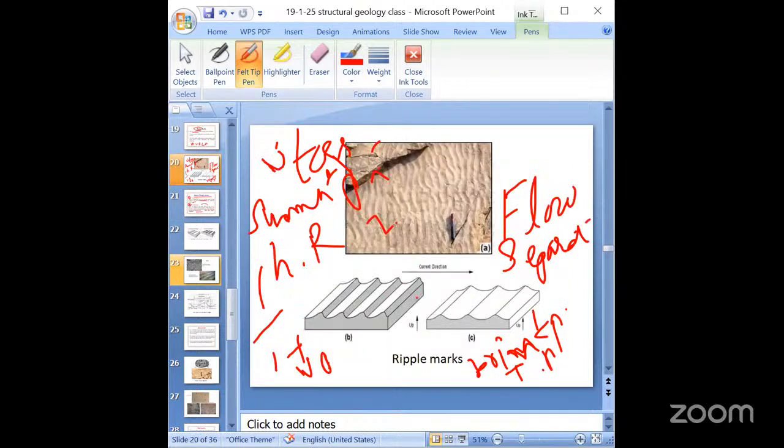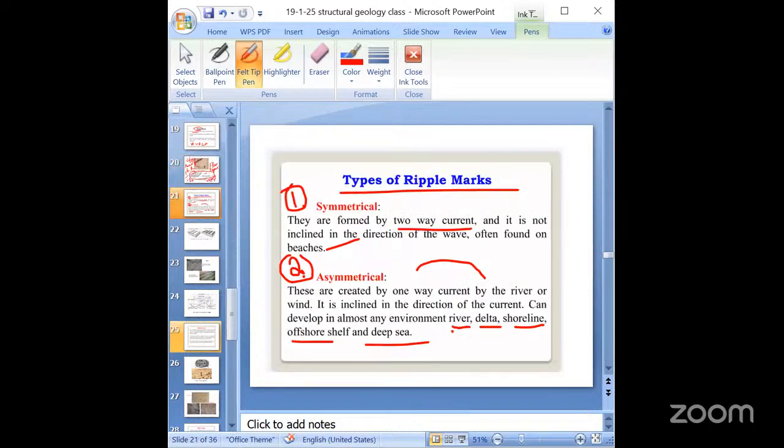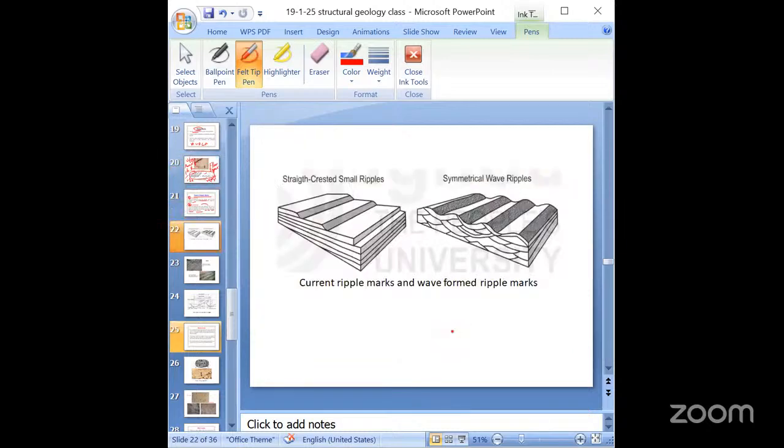So these are the symmetrical and asymmetrical ripple marks. These are the pictures. You see, these are current ripple marks.